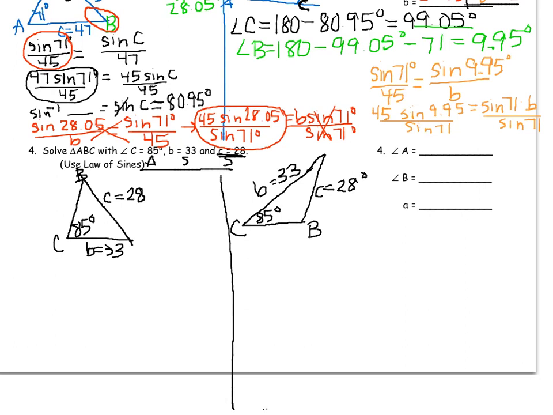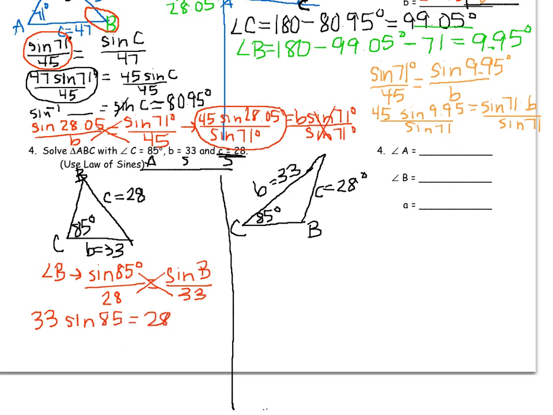So we need to find angle B. We know we might have 2 triangles, so we're looking out for that. So to find my angle B on this triangle, I'm going to do the sine of 85 degrees over 28 equals the sine of angle B over 33. So now I'm going to cross multiply. I'll have 33 times the sine of 85 equals 28 times the sine of B. I want my B alone, so I'm going to divide both sides by 28.